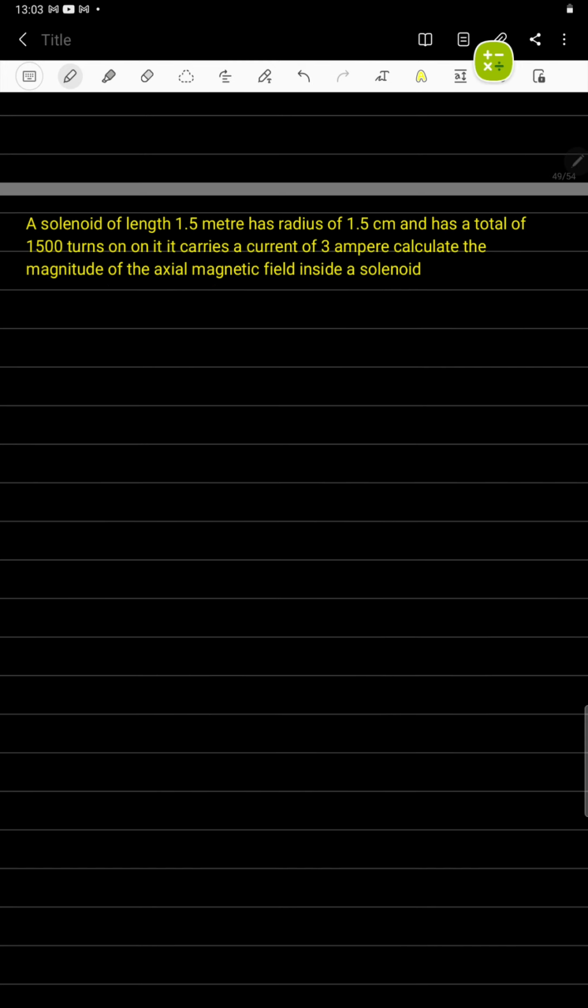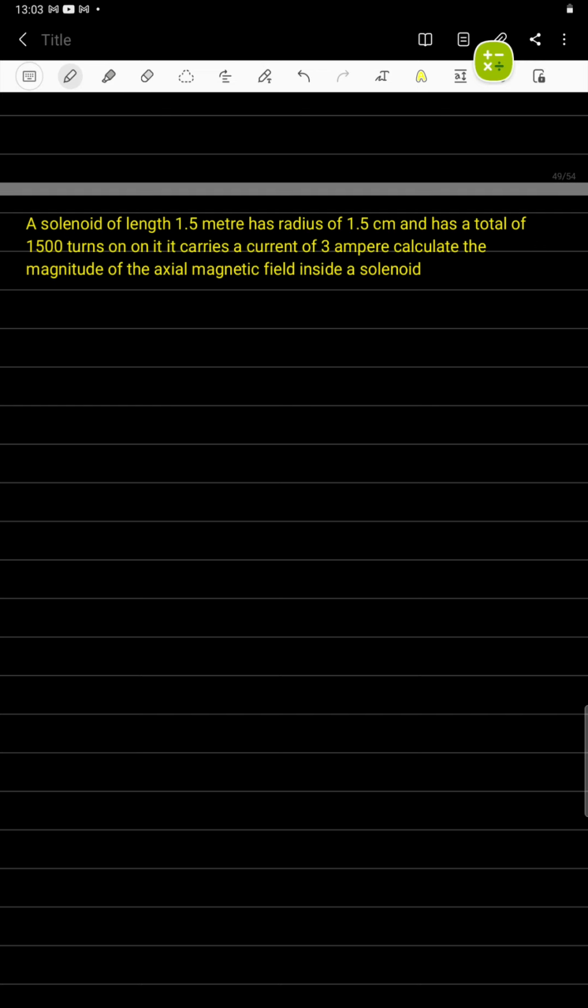A solenoid of length 1.5 meter has radius 1.5 centimeter and a total of 1500 turns on it. It carries a current of 3 ampere. Calculate the magnitude of the axial magnetic field inside the solenoid.